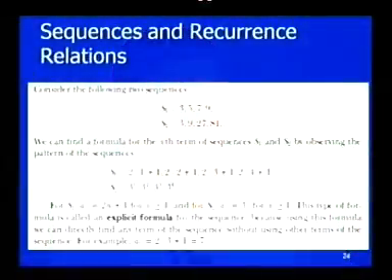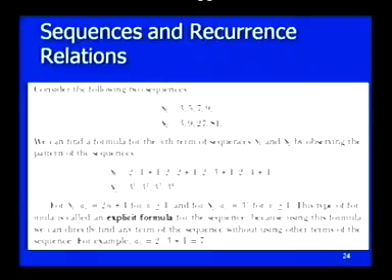For example, you can take this particular example. Let us imagine I have written a program which generates a sequence like this: 3, 5, 7, 9, etc. If you carefully see, some sort of relationship exists between all the terms. That relationship is nothing but 2n plus 1.